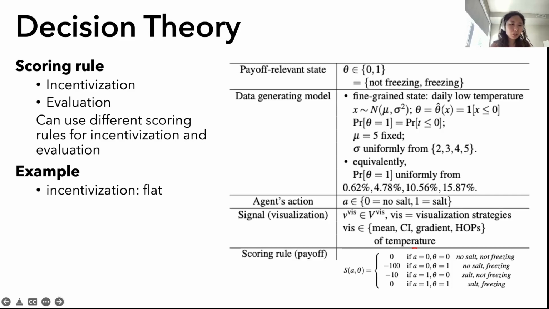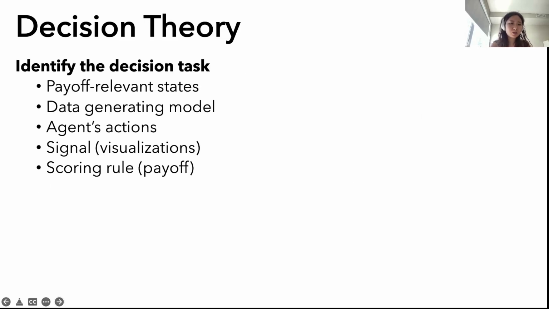For example, if they don't believe people can be incentivized by money, they can simply use flat payment, rewarding people based on the number of tasks. And they can use another scoring rule for evaluation post-experimentally. For example, they can use the commonly used quadratic scoring rule, which scores people on the quadratic difference between the action and the payoff relevant state. These are the 5 key elements of a decision task.